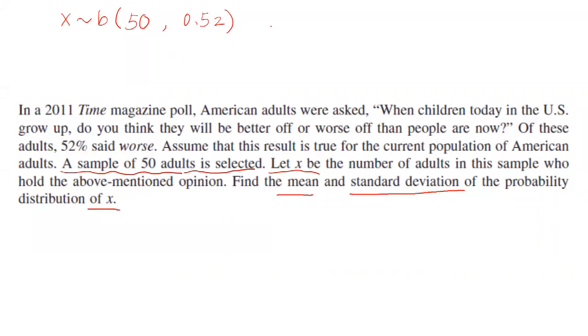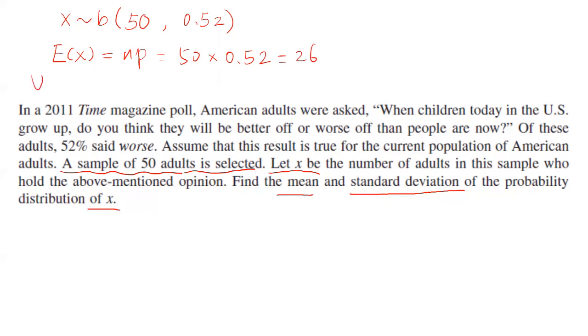And then it asks you to calculate the mean. We already know that if X follows a binomial distribution, E(X) is NP, which is 50 times 0.52, which is 26.